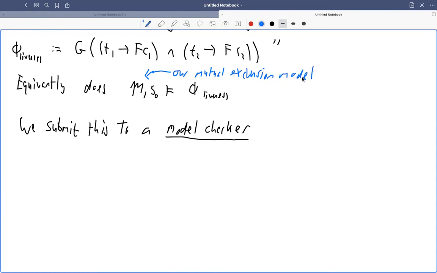So we submit this property to a model checker, and the model checker tells us that the property is not satisfied.